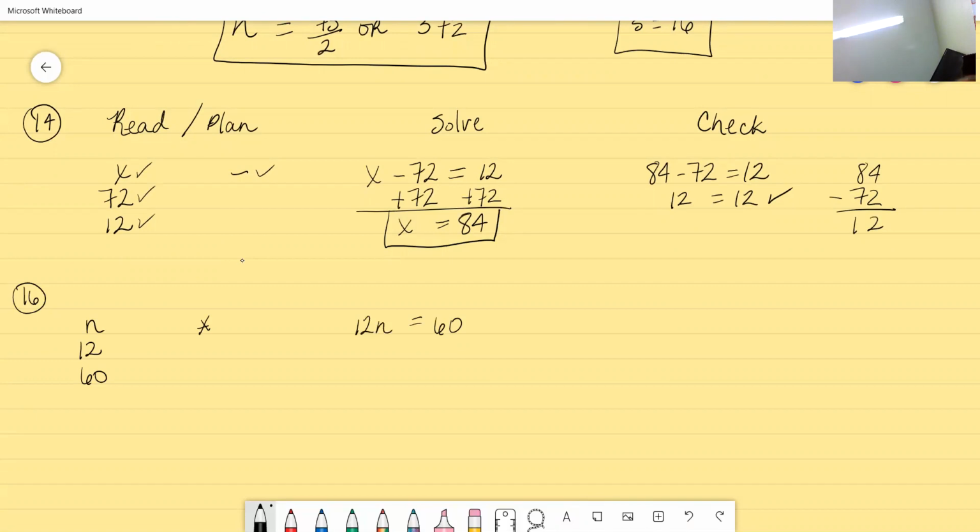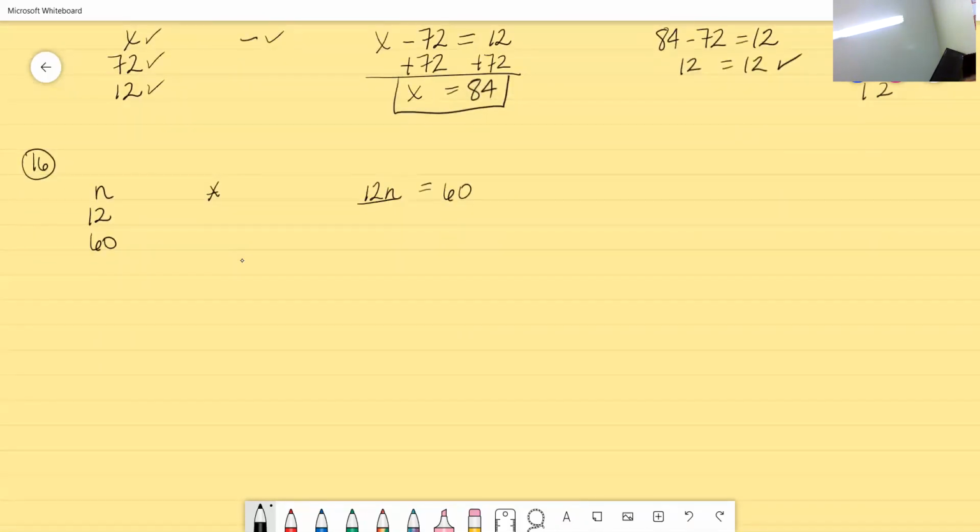So find that number. So in this case, the inverse of multiplication is division. So you divide both sides, and your answer is 5. And then check 12 times 5 equals 60. Well, we know that's true from memorizing our multiplication tables, so we're good.